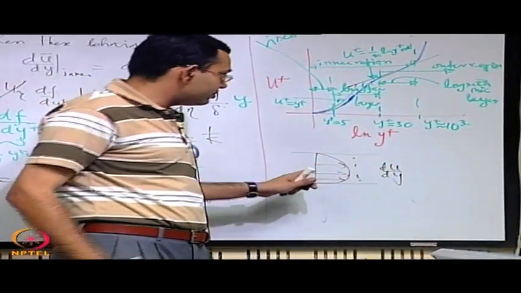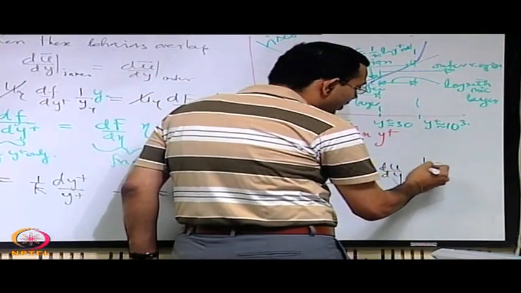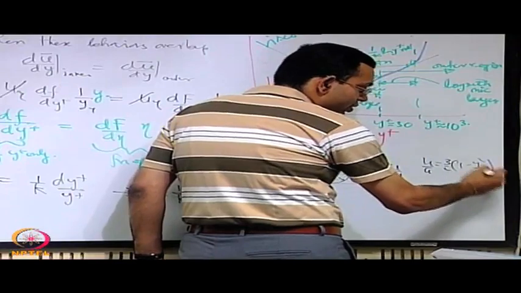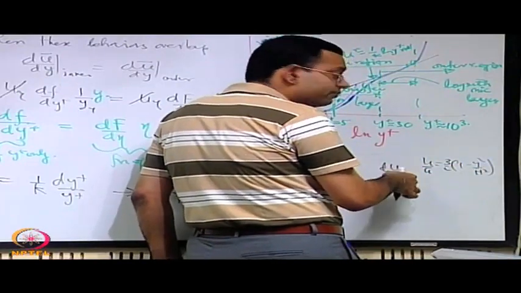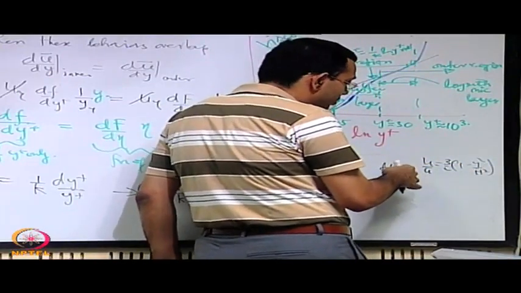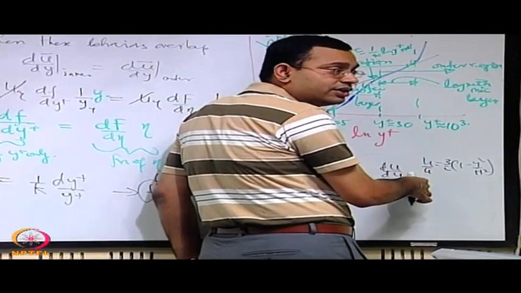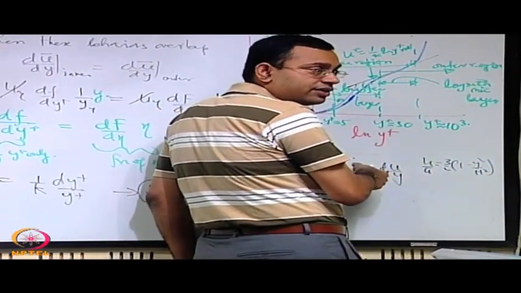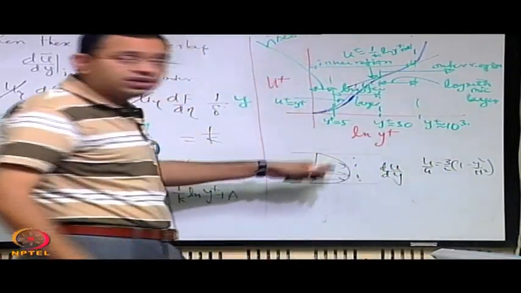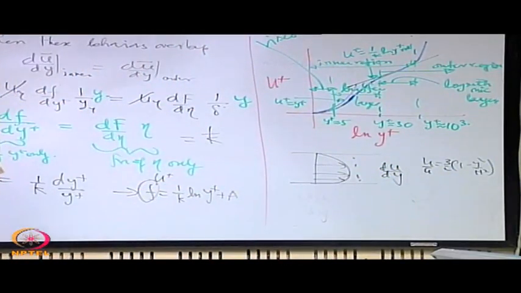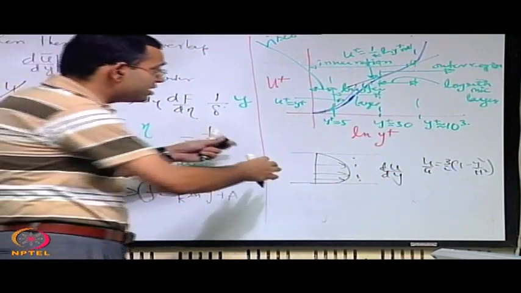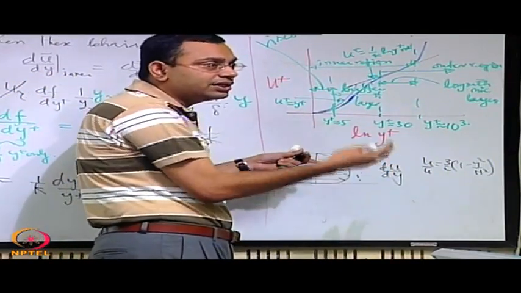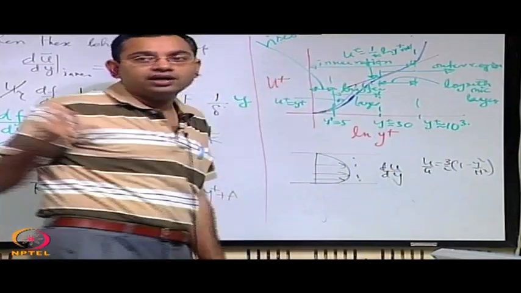Here u by u average is 3/2 into (1 minus y squared by h squared). So if you find the maxima of du/dy, which is the vorticity here, that means d2u/dy2 is 0, and that is not achieved anywhere. So this does not have a maxima in the vorticity, and therefore if it is there in a flow medium where viscous effects are not important, any perturbations will die down.